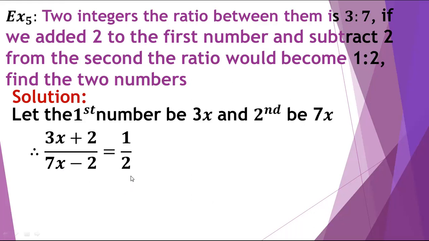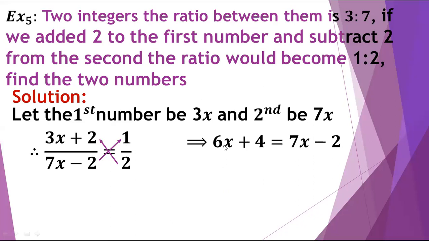That means we need to multiply 2 by this numerator and 1 by this denominator. 2 times 3x equals 6x, and 2 times 2 equals 4. 1 times this expression equals 7x minus 2.